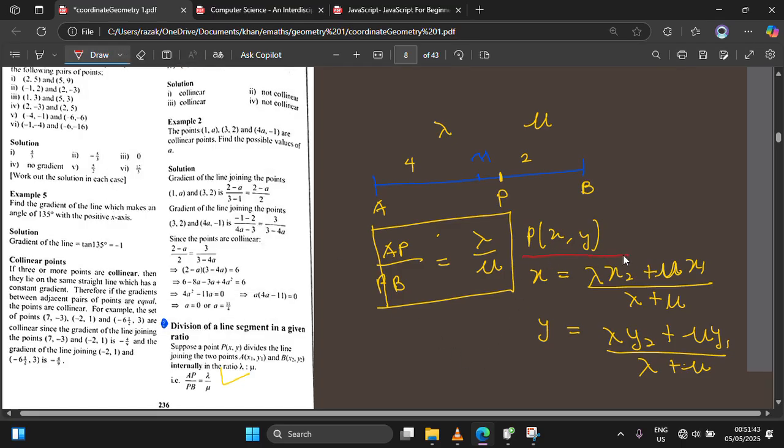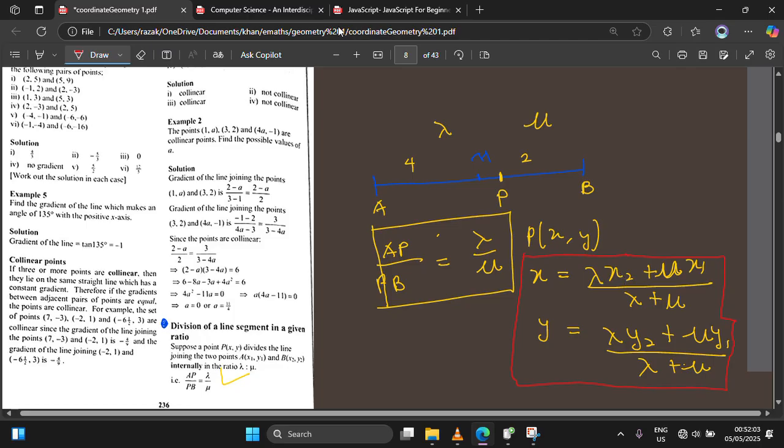So we'll have to memorize it and write it in our notes. And it's very easy. Always lambda comes first, and then x2 comes first because of lambda. They are kind of interchanged, right? If lambda comes first, then x2 comes first.